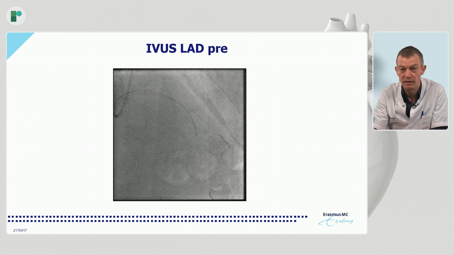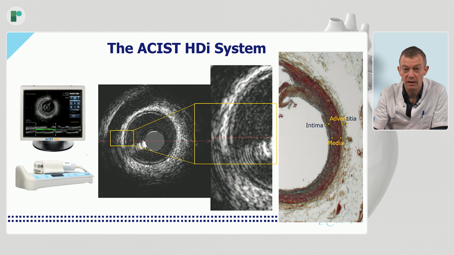IVUS, as you would expect in this ACIST webinar, was performed with the ACIST HDI system, which is a contemporary high-definition IVUS system allowing you to appreciate the anatomy of the coronary artery with a very high resolution.